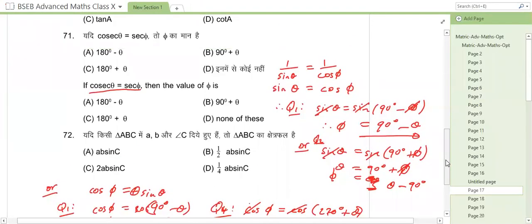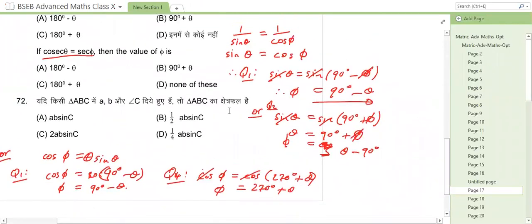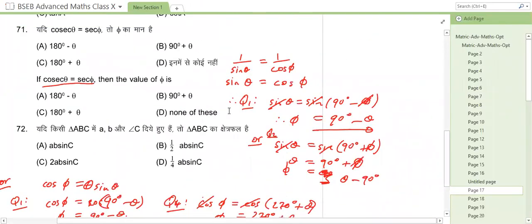So none of these. So your solution is none of these.